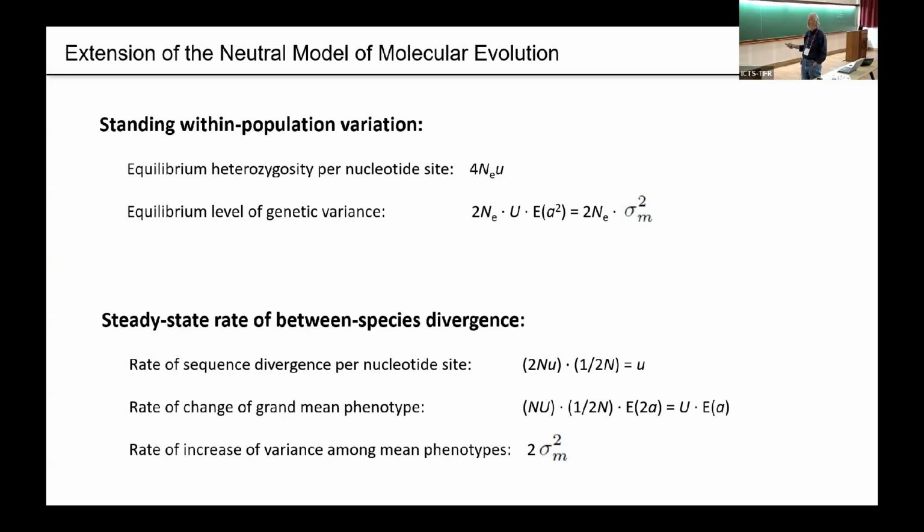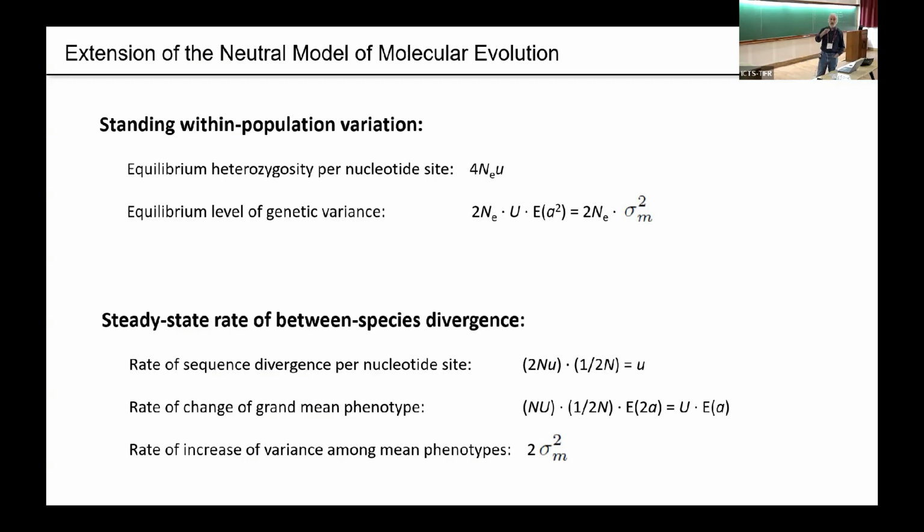If that's the mutation rate and there's n individuals in the population and they're diploid, that's the rate at which the new mutations are coming in. They're neutral, so the probability of fixation is just 1 over 2n, the original initial frequency, and the 2n goes away, and the equilibrium rate of divergence is equal to the mutation rate per nucleotide site. Okay? Assuming everything's neutral. And you can do exactly the same thing.